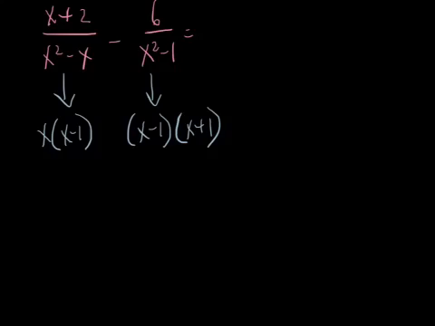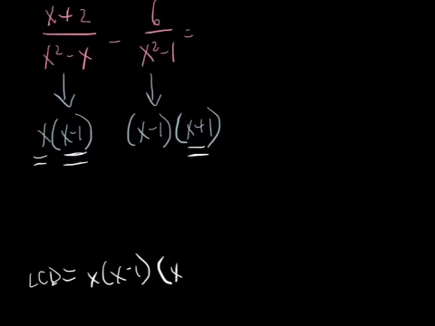So it looks like our unique factors are x, x minus 1, and x plus 1. That will be our lowest common denominator: x times (x minus 1) times (x plus 1). And I'm not going to multiply it out yet because I'm hoping that I won't have to do that depending on how this problem goes.